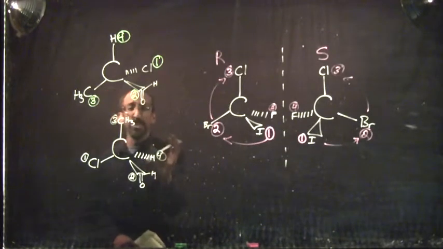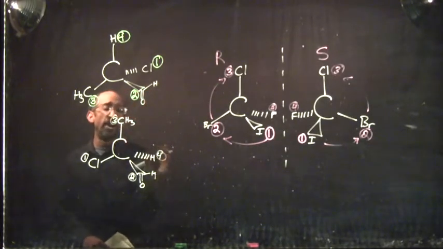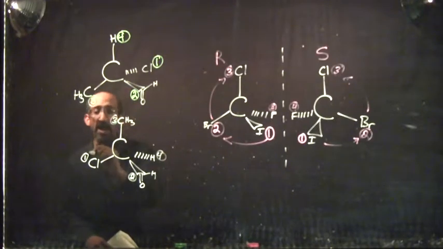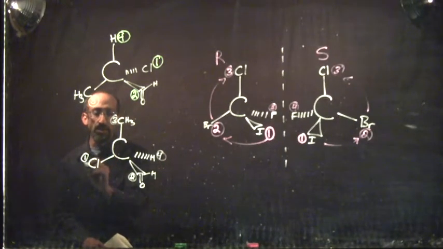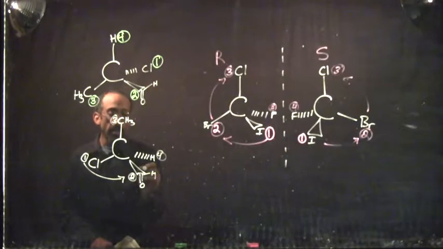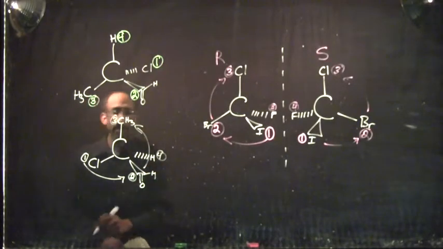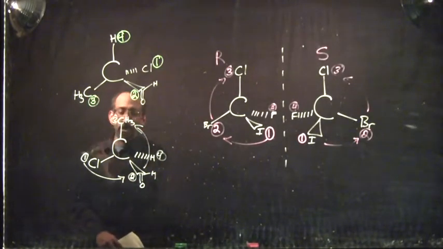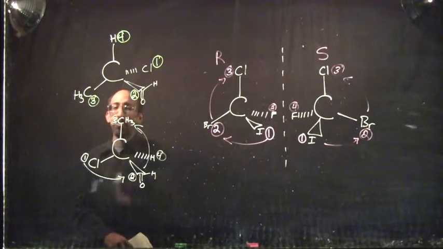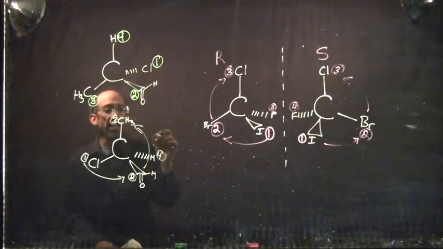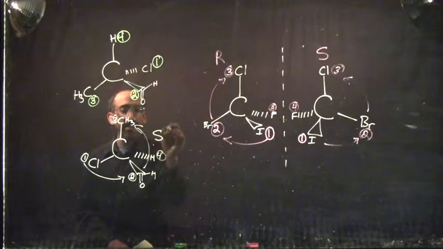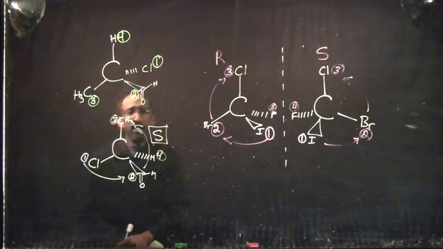Our hydrogen is now pointing back for us, and we can do our 1 to 2 to 3 arrows around our chiral carbon. We see here that our priority decreases, moving counterclockwise, and we can set this as an S stereocenter.